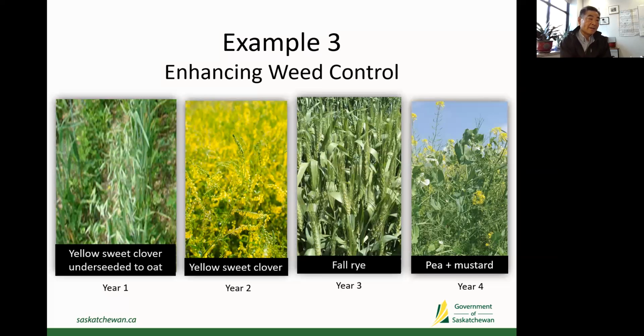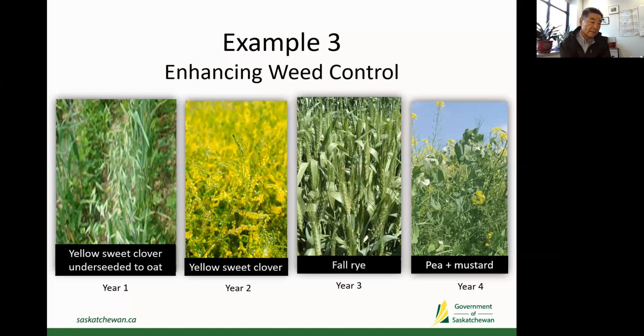You could grow oats underseeded with sweet clover. And you could harvest the oats in the fall. And after you harvest the oats, the yellow sweet clover starts growing for about a month. And then they would go into the winter and they are established.